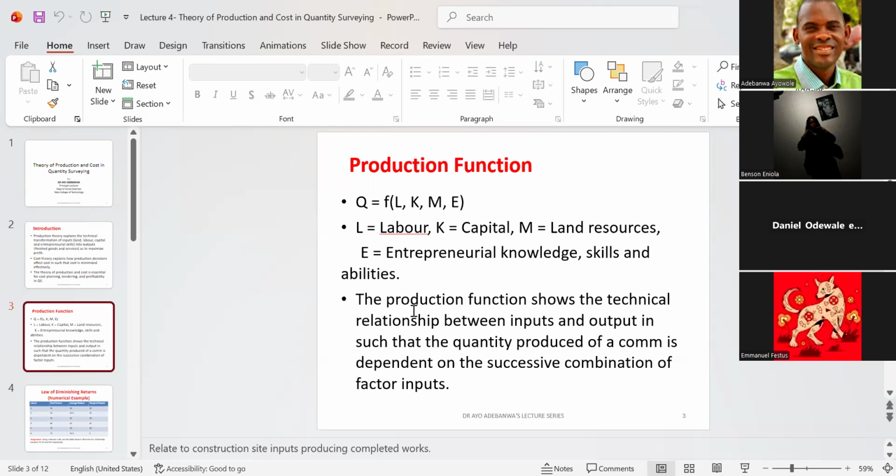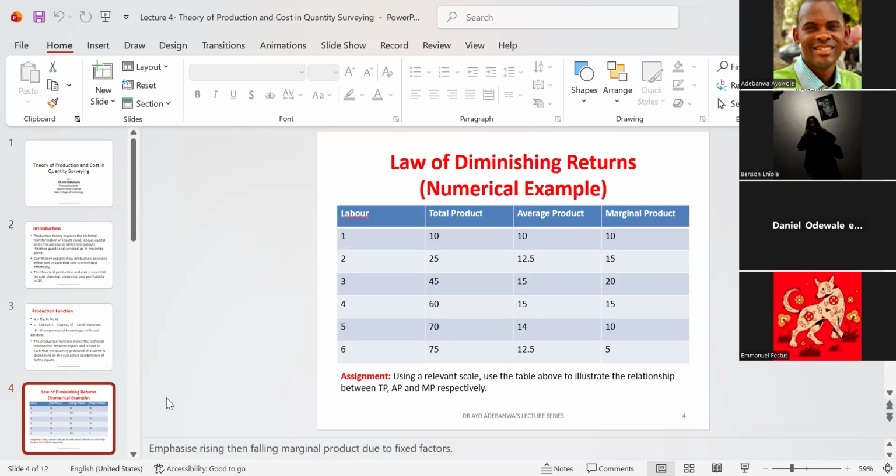So let's move on to slide 4. We're talking about the law of diminishing returns. Now, the earlier part, I was talking about the production function, and I said that the quantity produced is a function of the amount of labor, capital, entrepreneurial skills, and land resources.